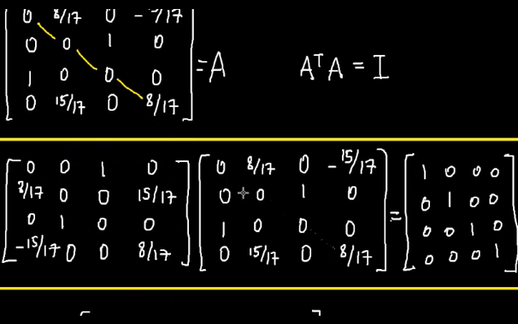So when we compute the product of the two matrices here, what we will have in the diagonal entries will be the inner products of each of those column vectors with itself.